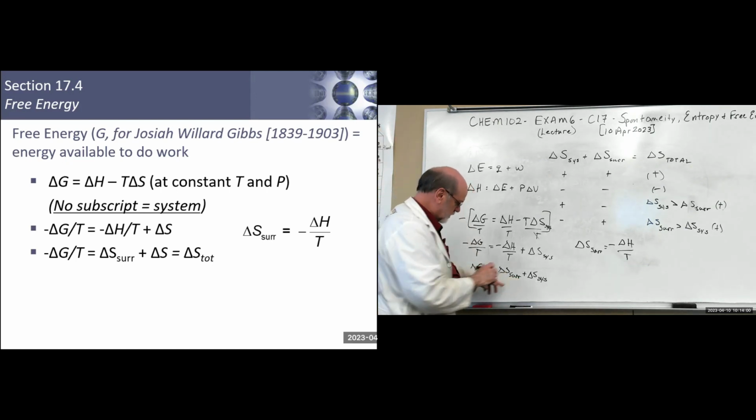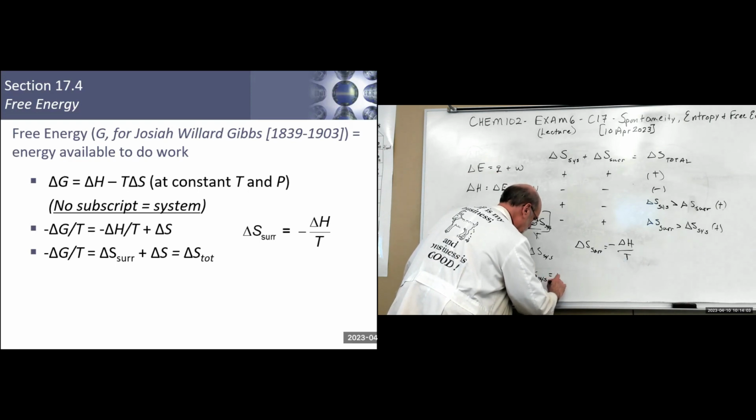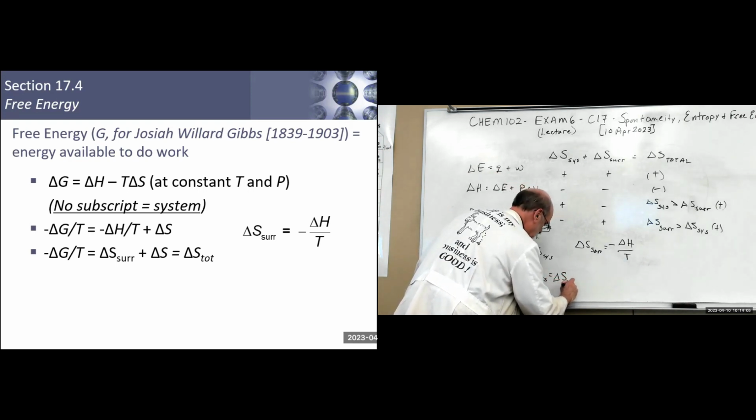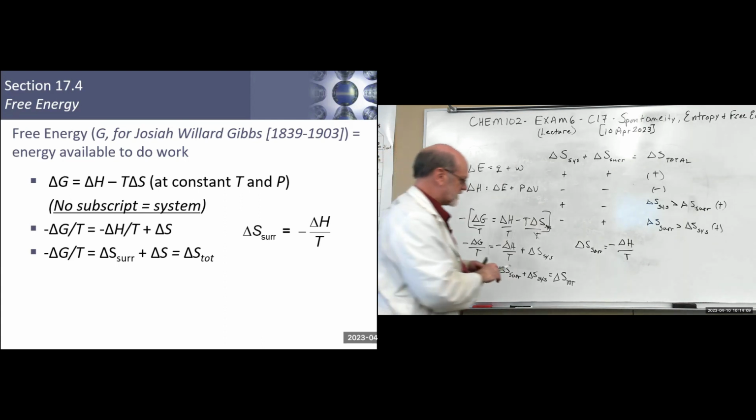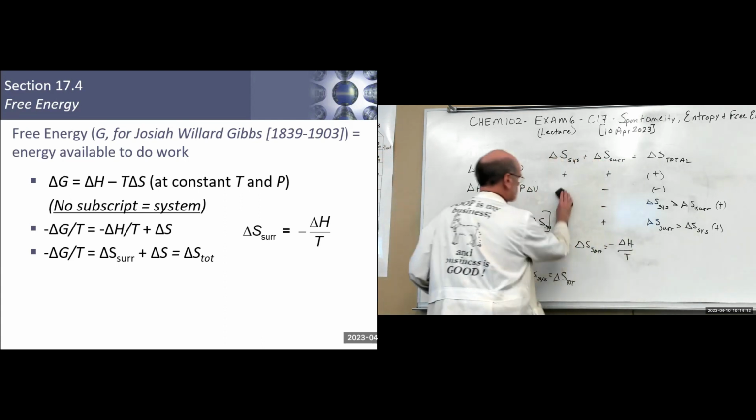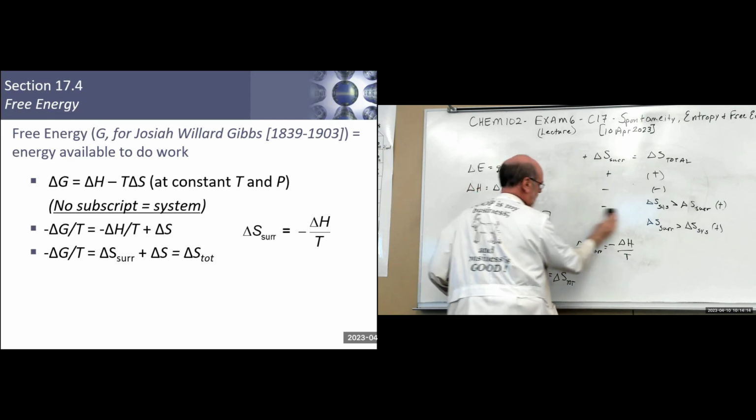But this expression right here is equal to the total entropy, so let's erase this stuff right here.